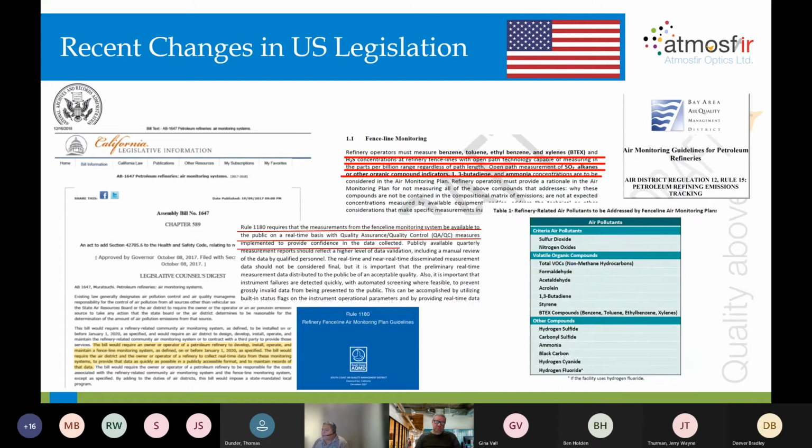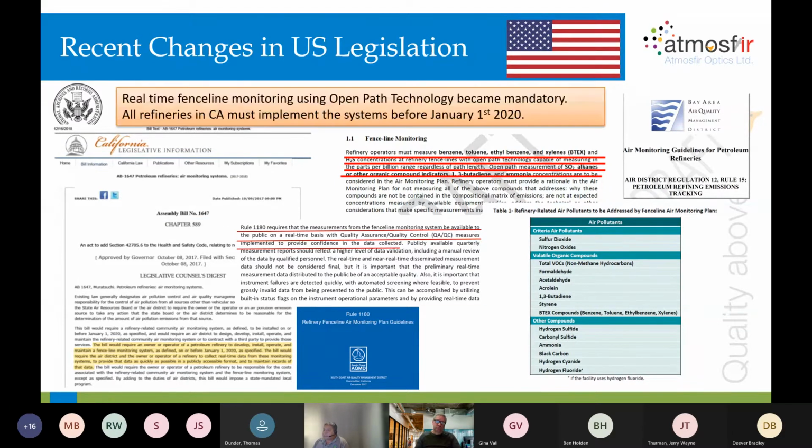Actually, in California, and that will be my next presentation next week, they asked the refineries to measure 20 compounds and report to the public on real-time basis, and also alert when they are exceeding the limit. The rule was implemented in January last year with, I think, 3 months delay. But today, I think every refinery above 40,000 barrels a day need to implement this regulation in California.